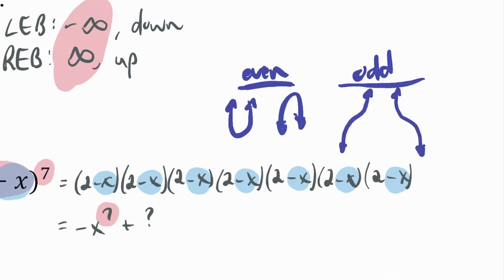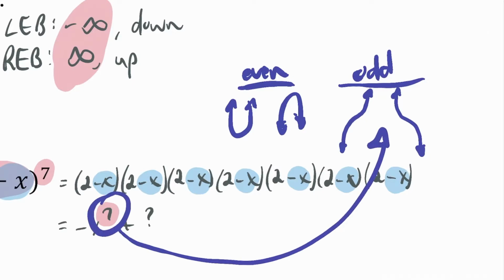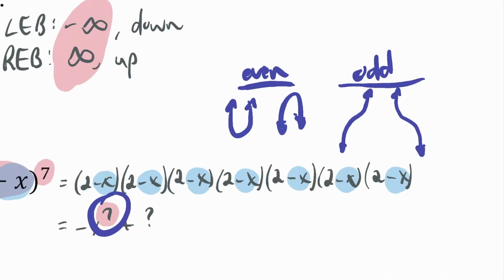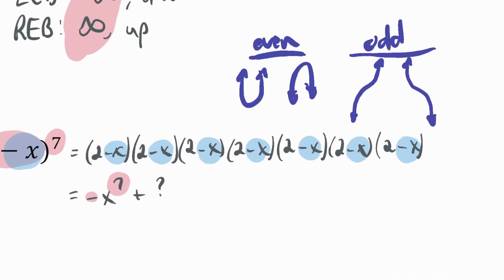Okay. So since I have an odd exponent, I know I must be getting one of those two options. The two end behaviors are different, in other words. Now the negative in front tells me, oh, I'm getting this one. Okay, the negative coefficient.